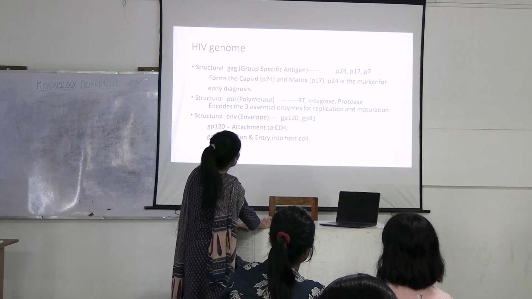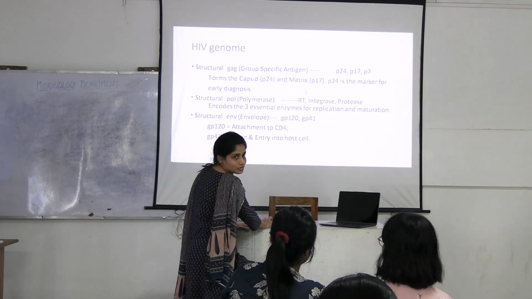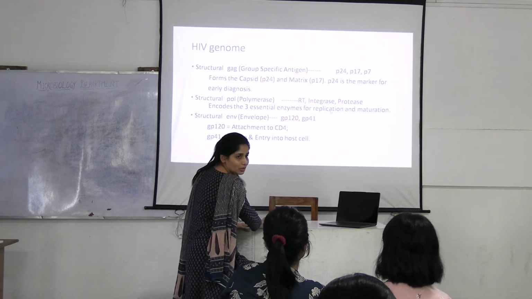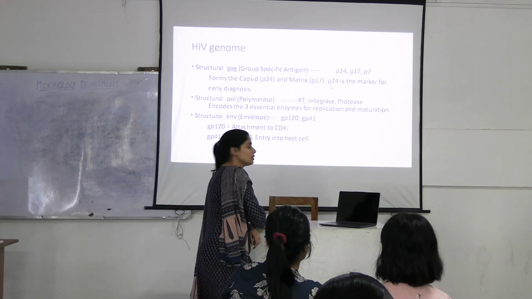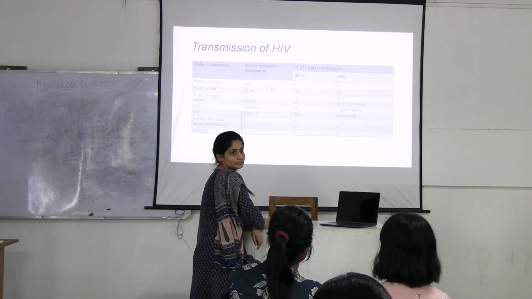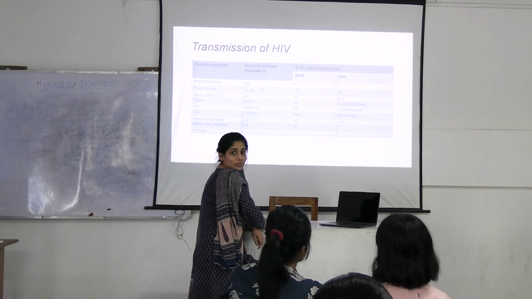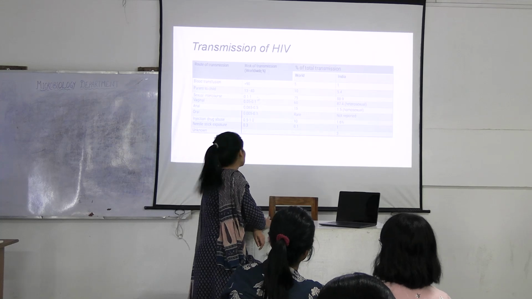POL. And GAG is responsible for early diagnosis, P24. Okay, GP120 is for attachment, GP41 is for fusion. Most common risk of transmission is blood transfusion.